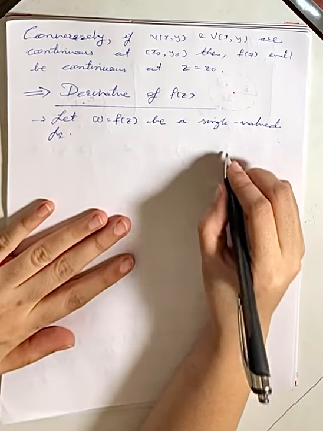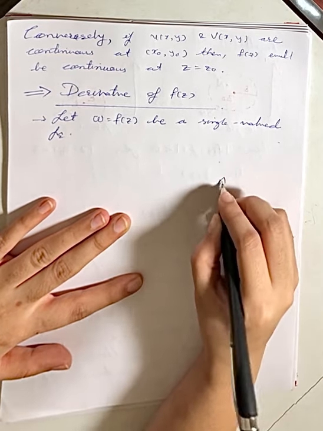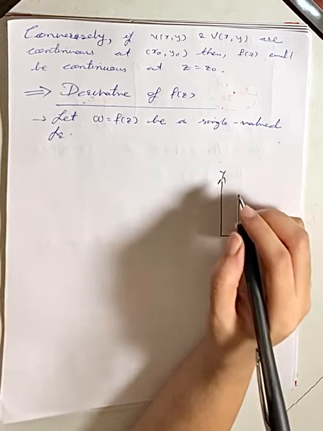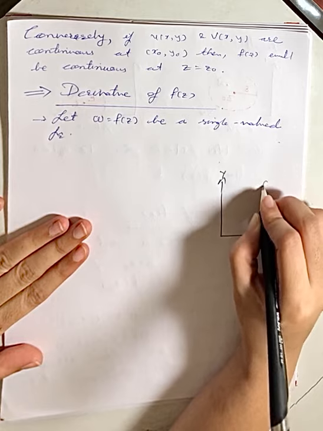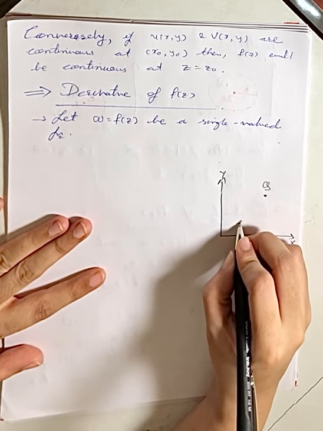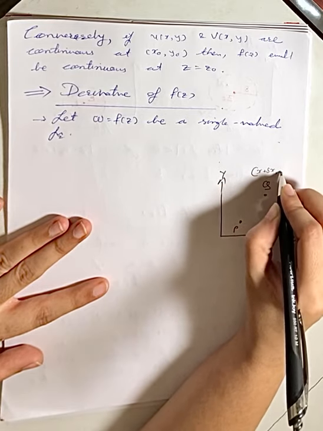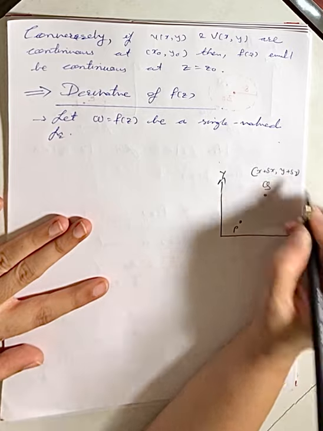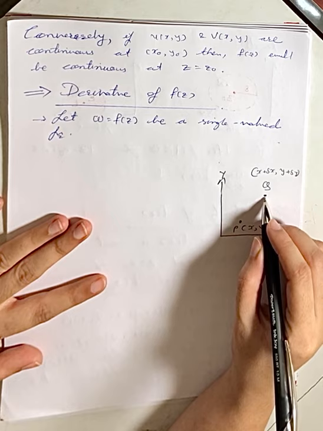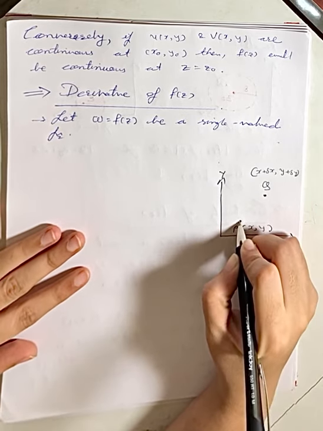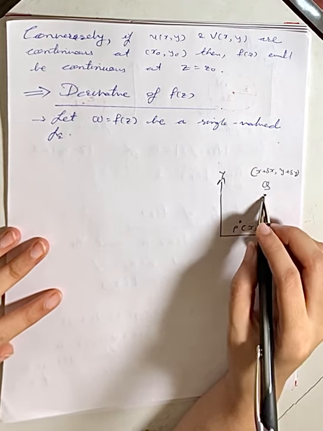Suppose I have a z plane, and this is the x and y axis, and here I have a point Q, and here I have a point P. This Q point is x plus delta x and y plus delta y, and this P point is just x, y. So if you want to move from Q to P, there are so many ways from where you can reach P.